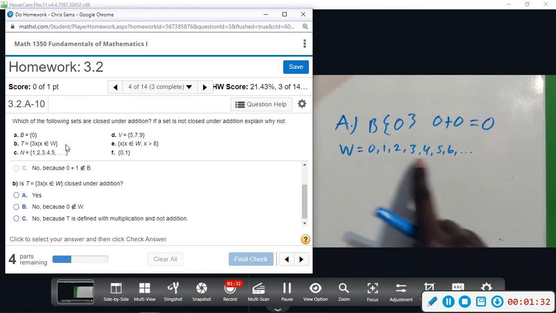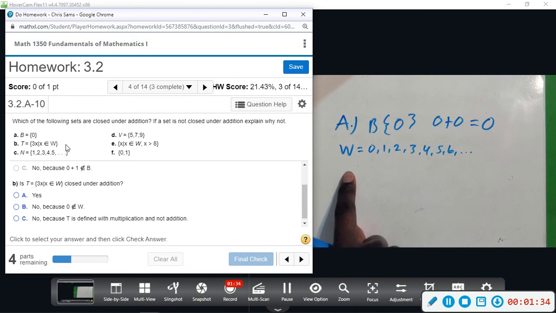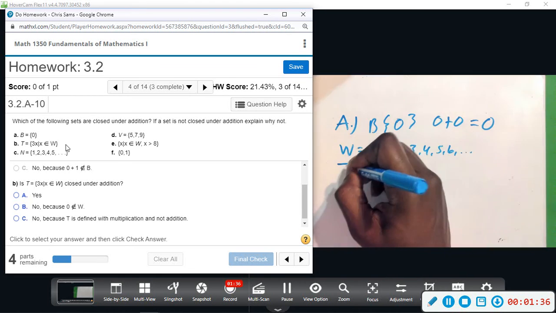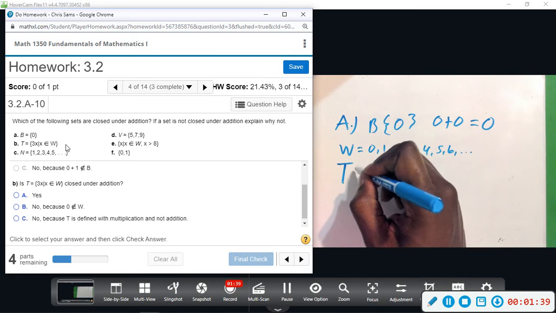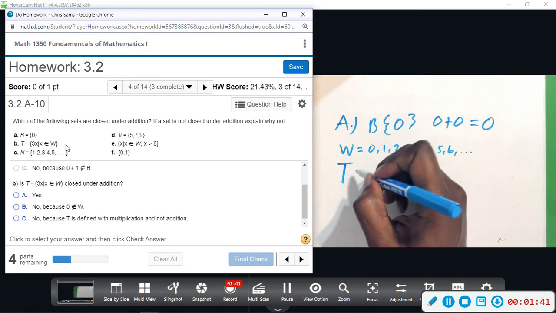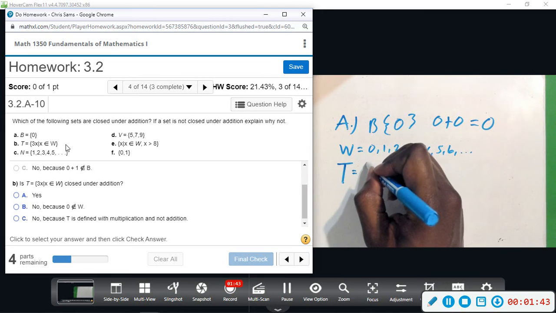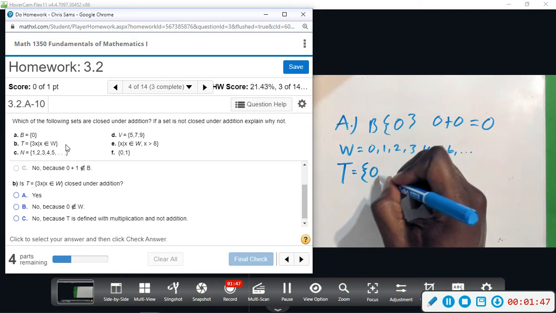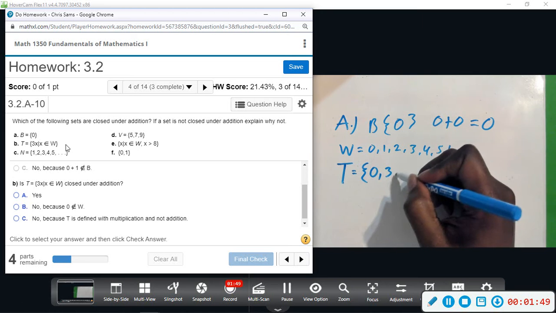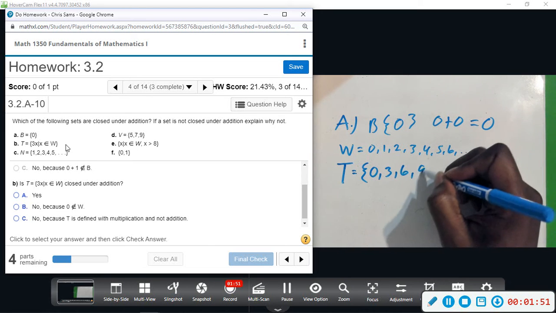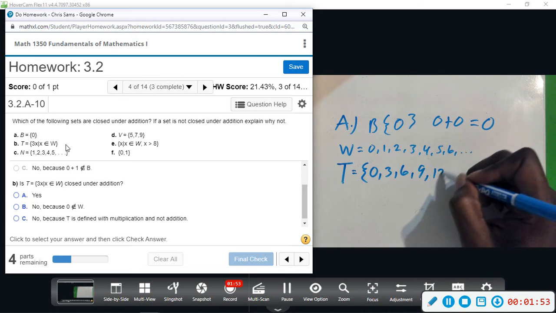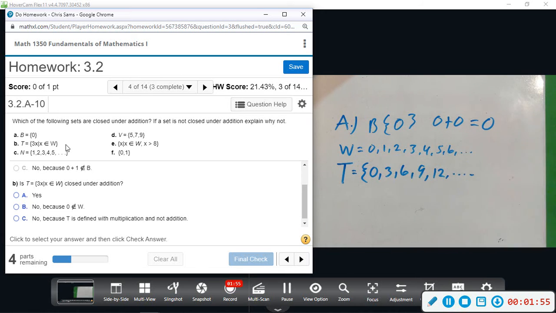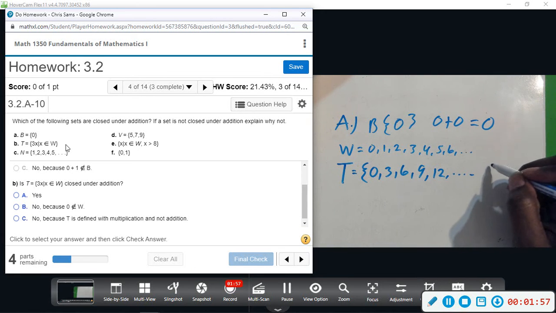So we're going to be using those numbers to come up with our set. So the set T is actually going to be these numbers times 3. If I multiply each of these numbers times 3, I would get 0, 3, 6, 9, and we just count by 3s, 12, and so forth. Just something that's a multiple of 3.